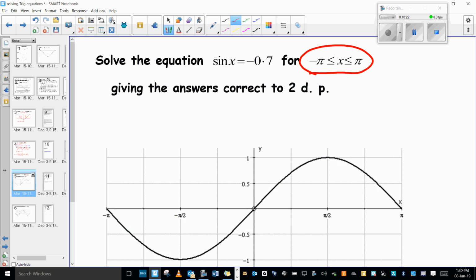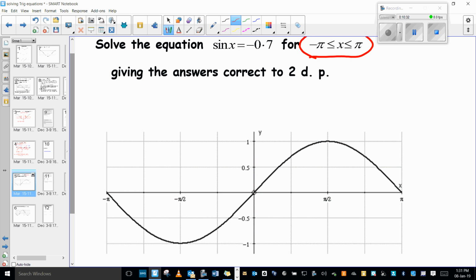As I say, I've drawn this one for you going into the negative part. You all happy with that? So we're looking when sine x equals negative 0.7. So where am I going to draw my line? Down here somewhere, yeah? Why? Because it's negative 0.7.